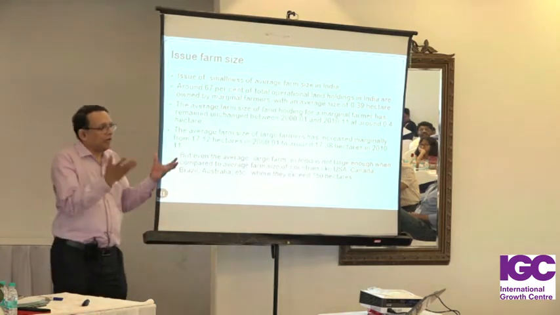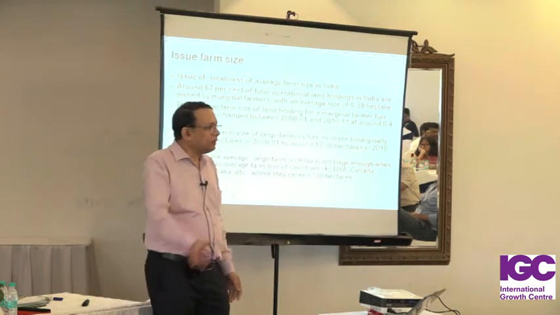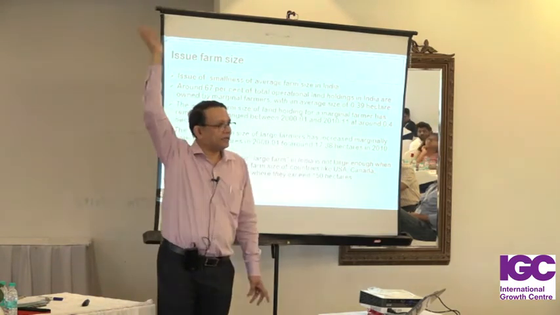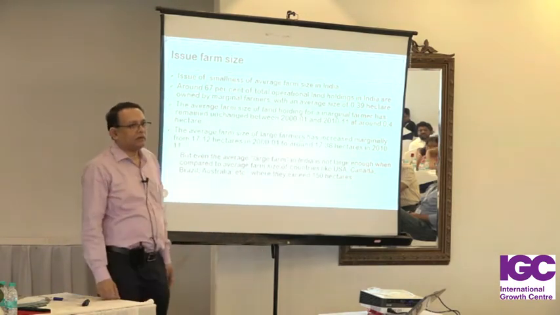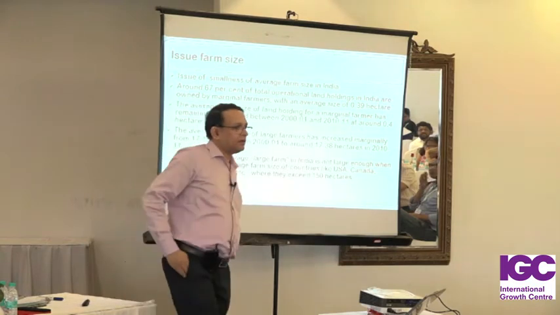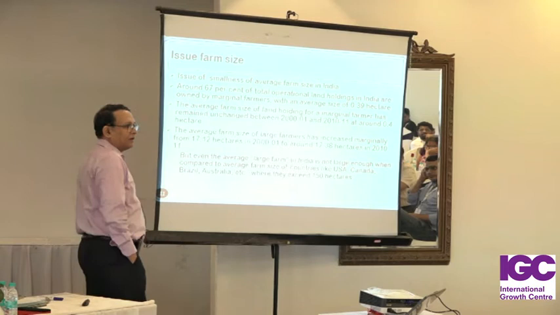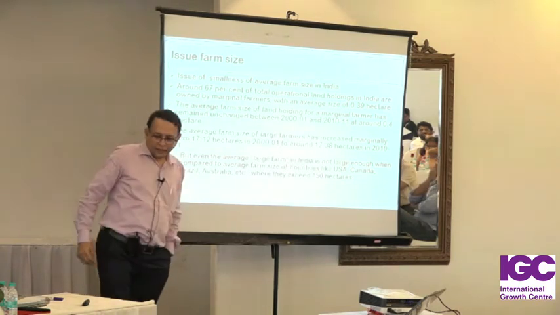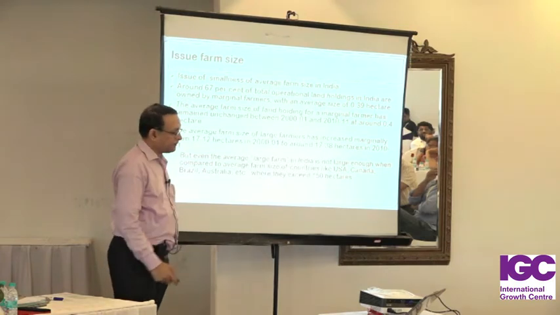So even your large farm is, be very clear, not very large. There may be those isolated very large farmers, but they are a handful. So this is the reality of farm size in the country.